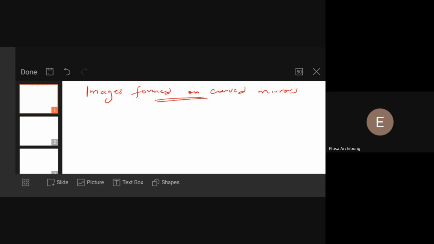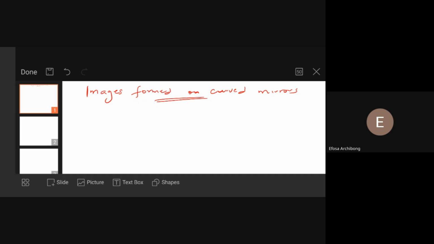I remember mentioning locations like if the object is at a distance, placed in front of the focal point, placed at the focal point, placed behind the focal point, placed at the center of curvature, placed behind the center of curvature, and then at infinity. So we looked at where the images will be formed for these various positions.